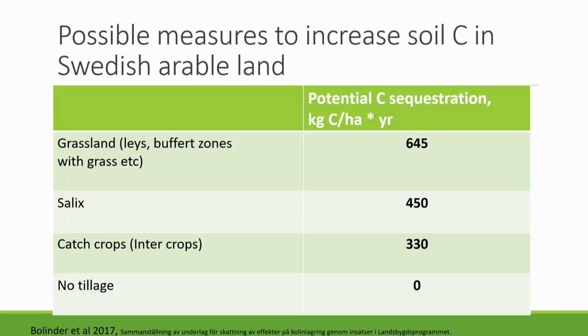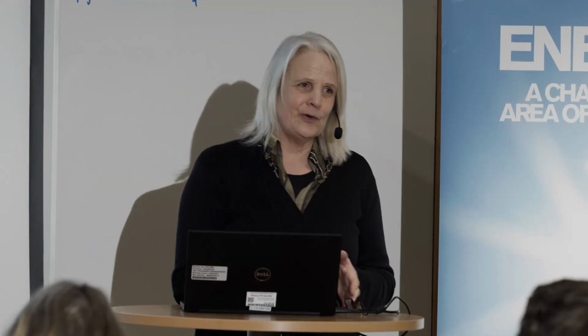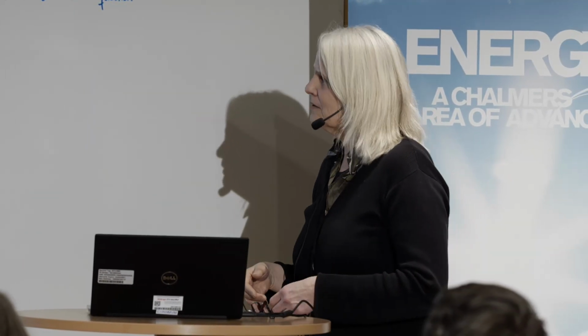Just finally here, this is an estimate that the researchers at SLU in Uppsala have done for the National Board of Agriculture in Sweden, just to give some numbers on which measures, if we want to have measures in the CAP program for increasing soil carbon sequestration. And basically you can see here grasslands, salix and catch crops, just as Uffe described, where you could say it's a kind of very short grassland between two main crops, so it's like trying to mimic.